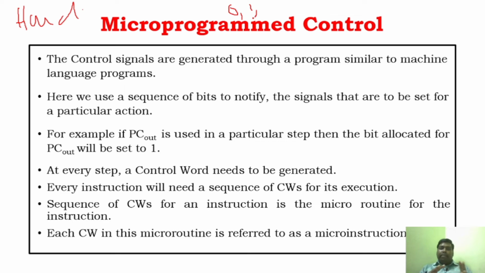Similarly, in microprogrammed control, we have a separate memory, a separate unit which stores all those microprograms, so that fetching the microprograms gives the control signal. Based upon the zeros and ones, the control signals will be generated.